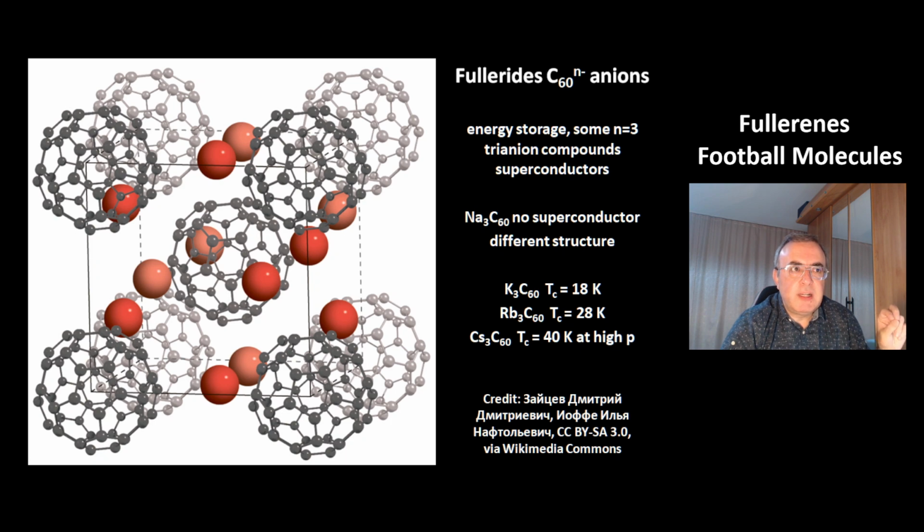But the other fullerides, potassium fulleride, rubidium fulleride, and cesium fulleride, are superconductors. However, the cesium fulleride is only a superconductor at high pressures. And at 40 Kelvin, so all these fullerides are not high temperature superconductors, because the boiling point of nitrogen is 77 Kelvin.